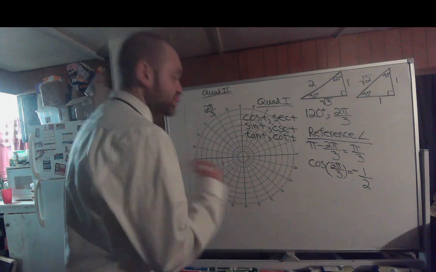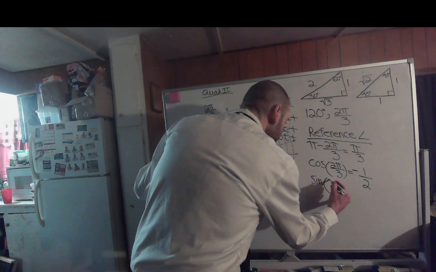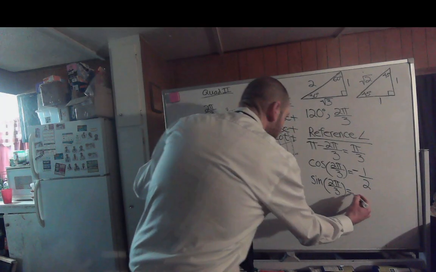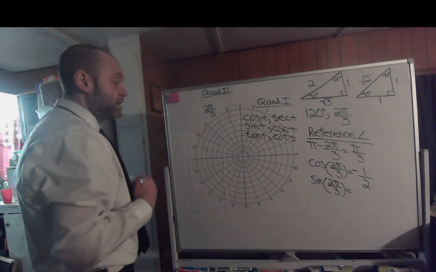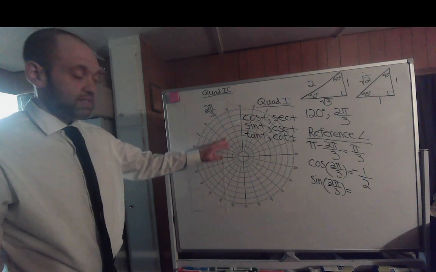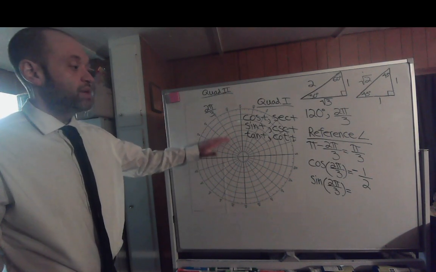Now let's find the sine of 2 pi over 3. Again, we're in the second quadrant. Your y is still positive, right? So you have a negative x but a positive y.